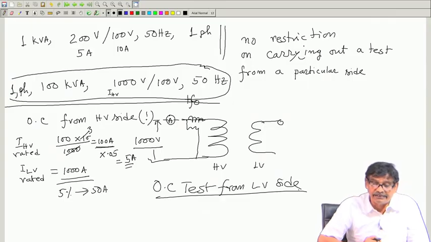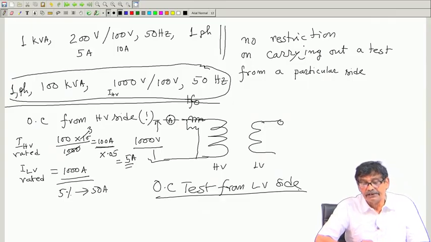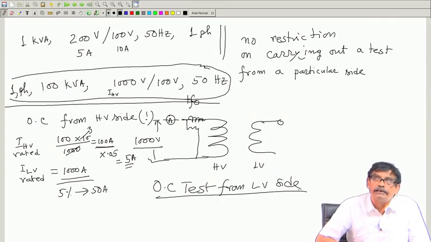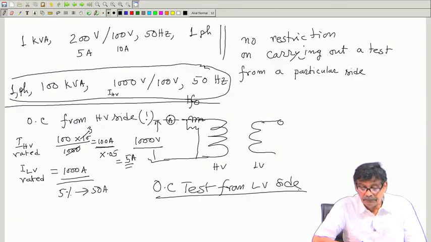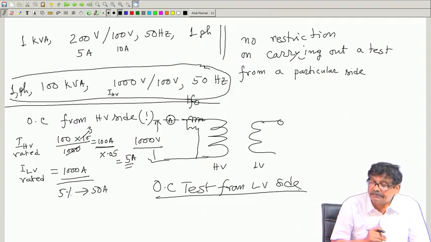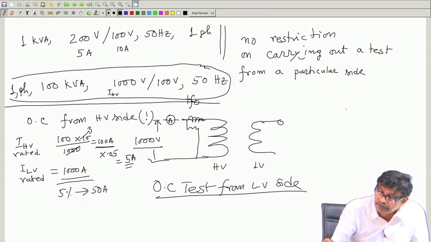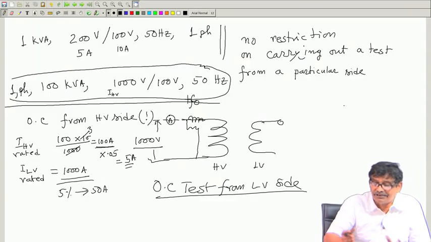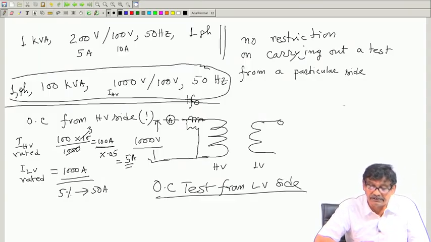Now, what about the SC test? Short circuit test, people say carry out from the HV side. Why? Suppose somebody says no, I will carry out the short circuit test from the LV side.